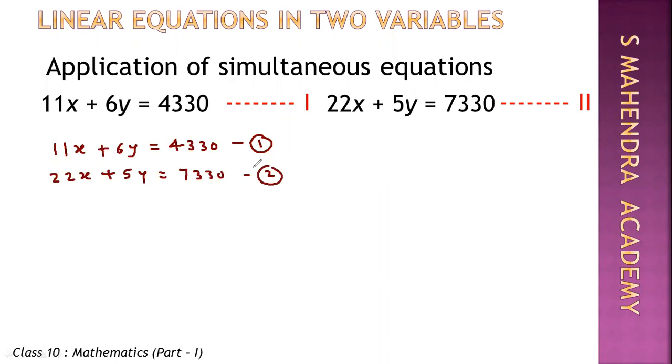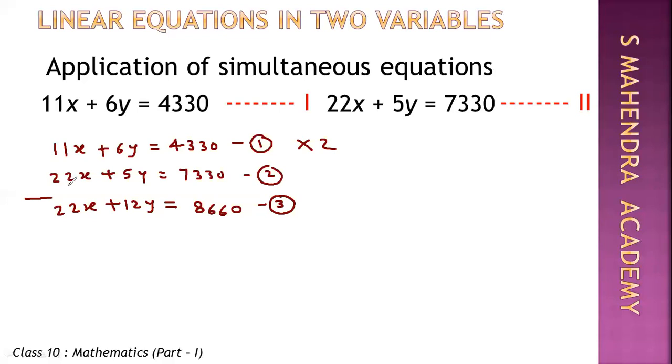After observing, if we multiply equation number 1 by 2, we will get 22x plus 12y is equal to 8660. So this will become a new equation, that is equation 3. Now we will subtract equation number 3 from equation number 2.